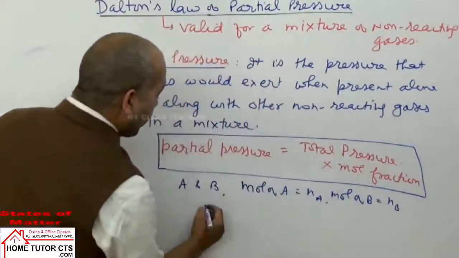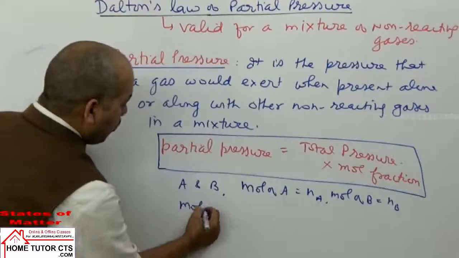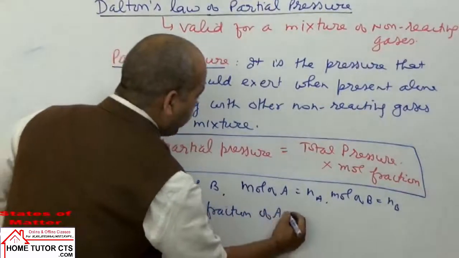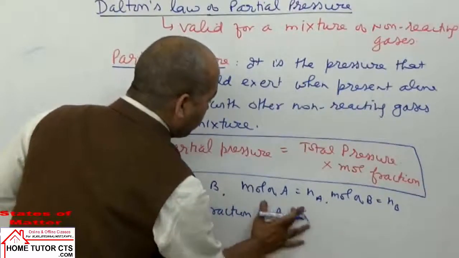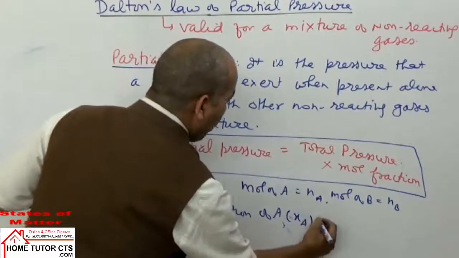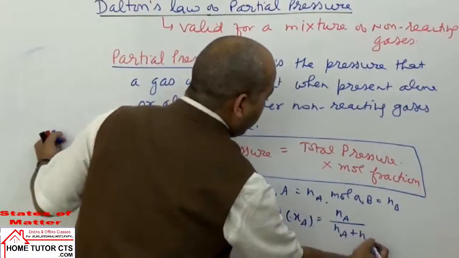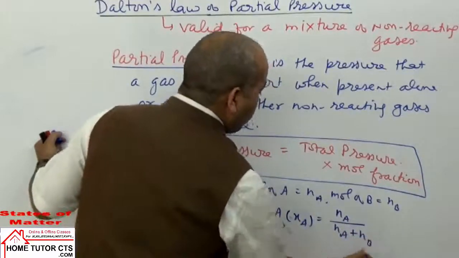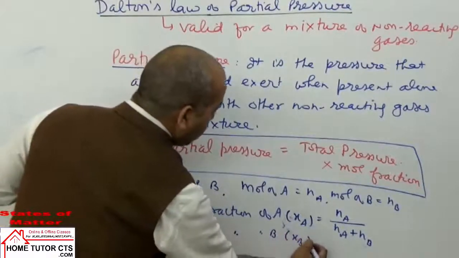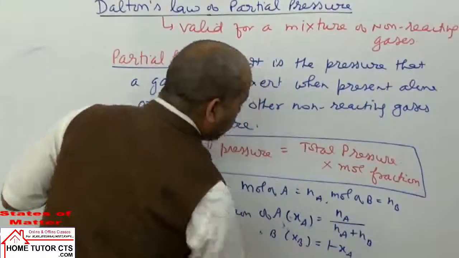The mole fraction of A, symbol chi A or Xa, is equal to moles of gas A by total moles, Na plus Nb. Similarly, the mole fraction of gas B is Nb upon Na plus Nb, or directly 1 minus Xa.